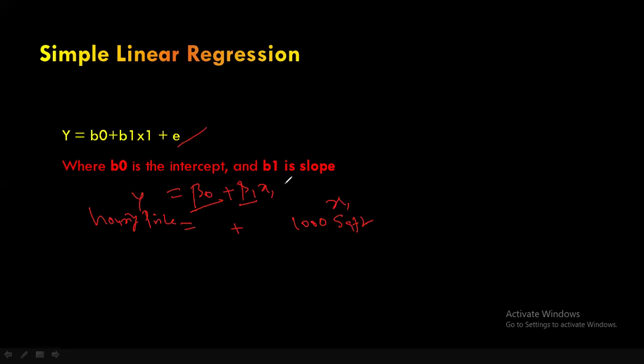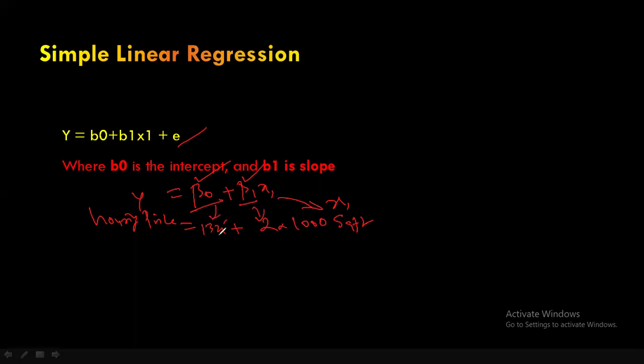Let's go by the statistical software. If you fit or train a model, Python or any statistical software automatically estimates the values for the intercept and slope. You don't have to compute them. For example, here beta naught is 1325, and beta 1 is, let's say, 2. So 2 is your slope and x1 is your square feet.